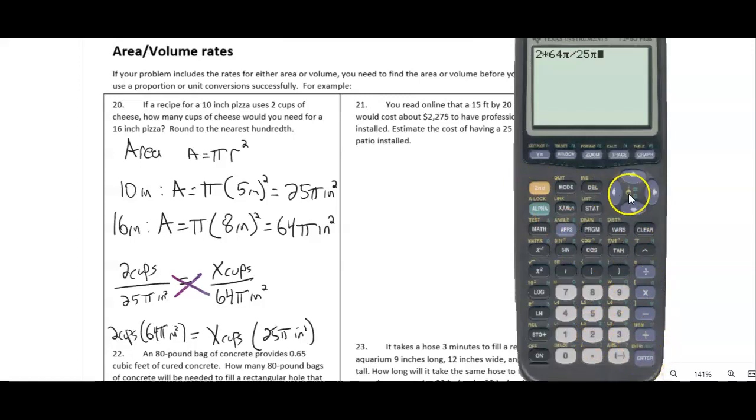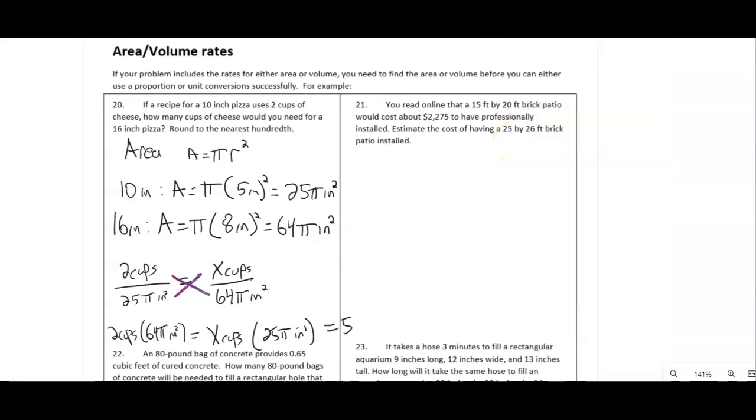I wonder if that's going to work. I think we need to put parentheses around the denominator to make sure that pi is in the denominator. 5.12. And x cups, this is 5.12 cups. So this would be 5.12 cups of cheese.